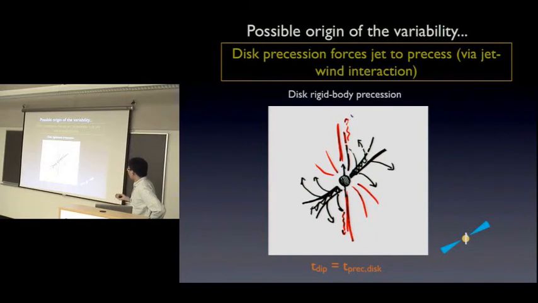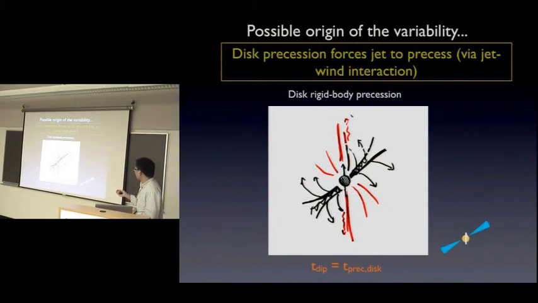Since we are trying to argue that the disk precesses in a solid body manner. And now for this event, we are actually seeing emission from a jet.